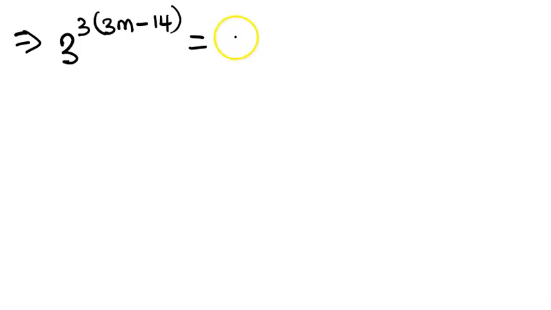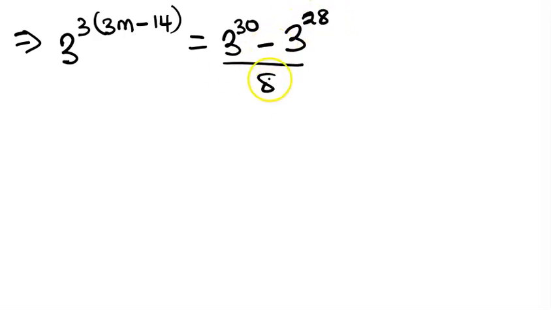This implies that on the left hand side, 3 raised to the power 3 times 3m minus 14, which is equal to 3 raised to the power 30 minus 3 raised to the power 2 times 14, which is 28, over 8. So we have 3 raised to the power 9m minus 42, since 3 times 3 is 9m and 3 times 14 is 42, is equal to.